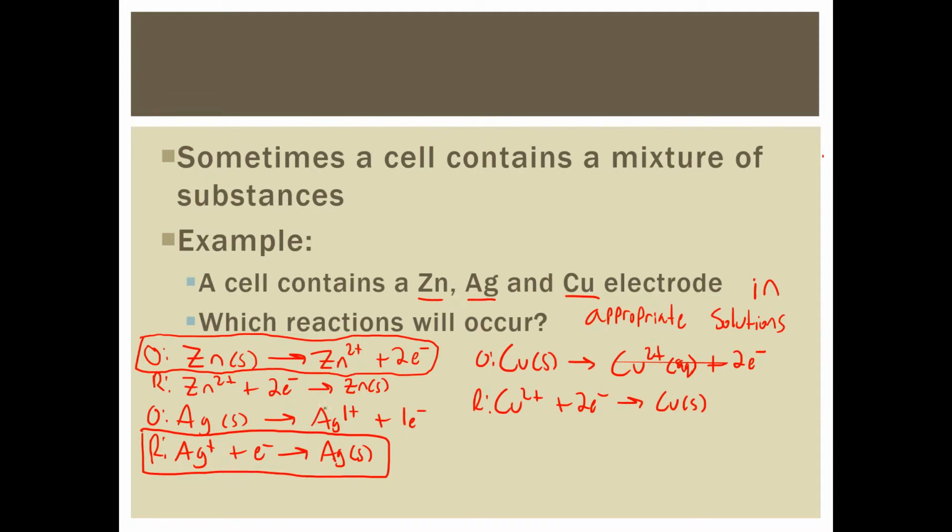In this particular cell, the only reactions that will occur will be this one and this one, until you either run out of solid zinc or silver ions, or you get to a point where these reach an equilibrium and no net movement of electrons. When that happens, the main redox reaction will have stopped, so that leaves room for the other reactions to start occurring.